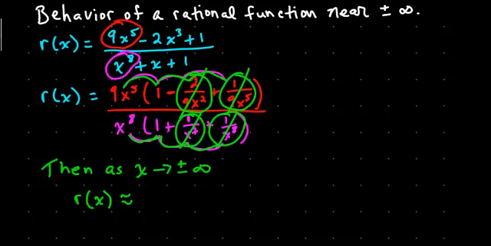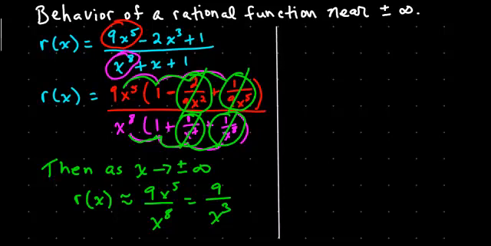So r of x is approximately equal to 9x to the fifth over x to the eighth, which equals, what's that going to be? 9 over x cubed. Okay? So now let's look at plus or minus infinity individually.